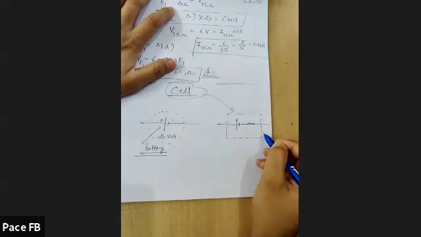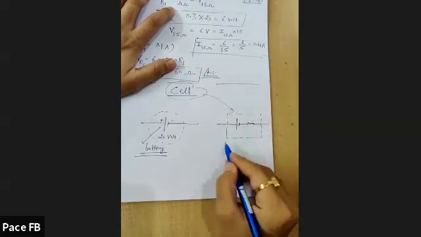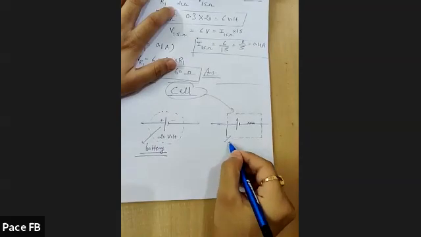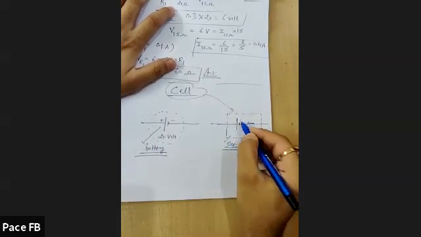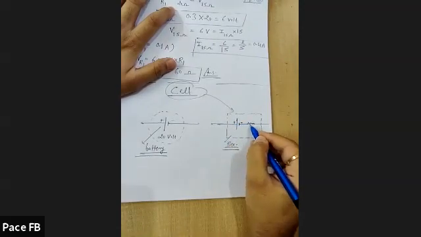When you go to any lab and see a cell, there is a box, and in this box you will see one terminal and one resistor.